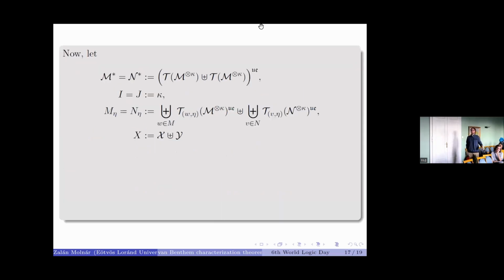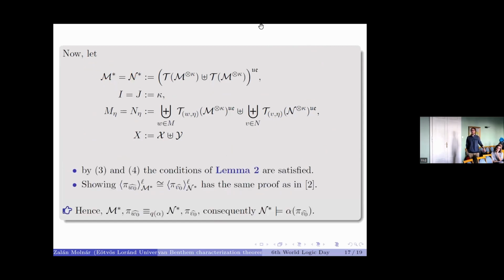And now, as I mentioned, the decompositions of the original structures satisfy the conditions of this key lemma. So plugging in these parameters, we can use the key lemma here, and it says that the conditions are satisfied.